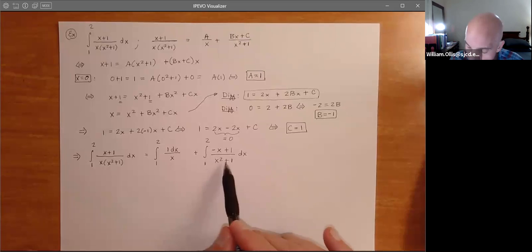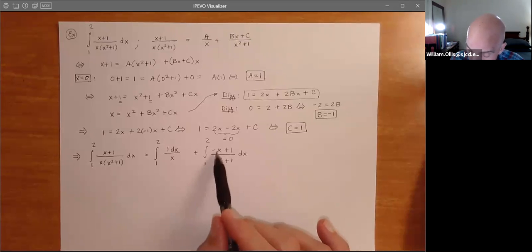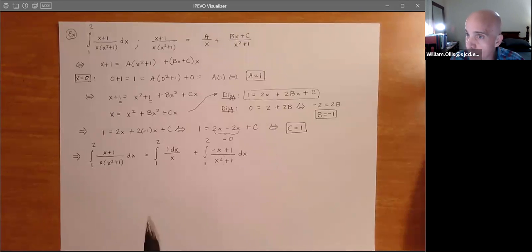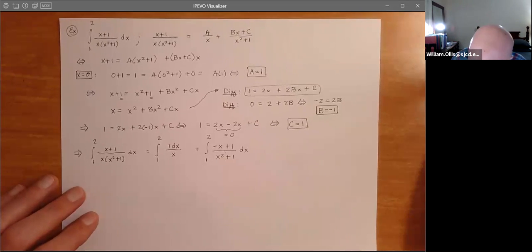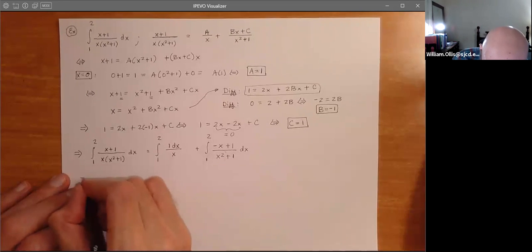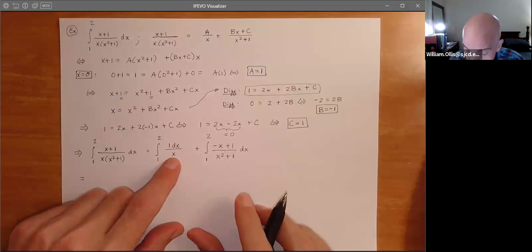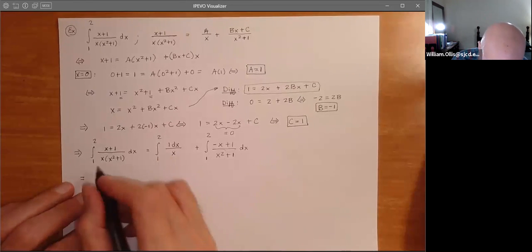So it really just depends on how complicated this is as to how much work you're going to have to do. Since we can go ahead and fix this really nicely with the 2x, we don't have to do any fancy algebra. So that's actually pretty simple. Now let's go ahead and write this down. We know this is the natural log of the absolute value of x.